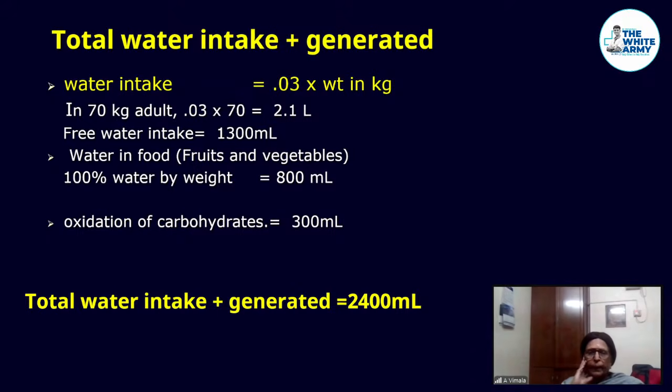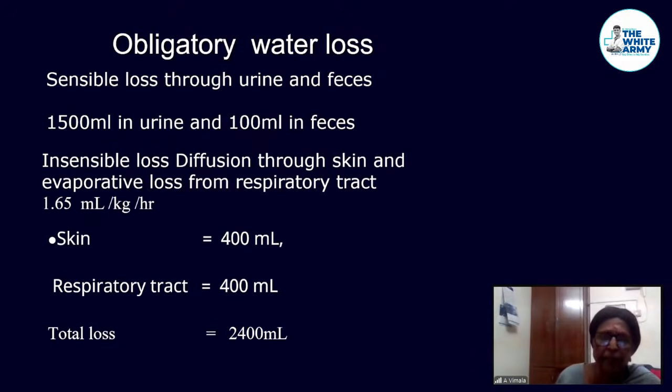Usually it is only 800 ml. The nutrient metabolism, oxidation of carbohydrates, etc., generate under 300 ml, constituting our total water intake that we drink and generate, to around 2400 ml.